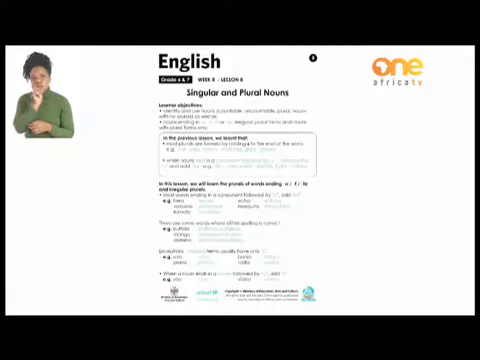In the previous lesson, we learned that most plurals are formed by adding S to the end of the word. For example, car, cars, match, matches, glass, glasses. We have also learned that nouns ending in a consonant followed by Y, we remove the Y and add IES.